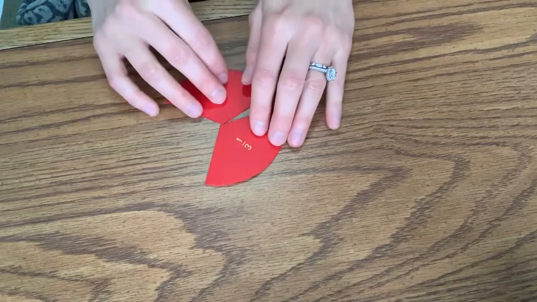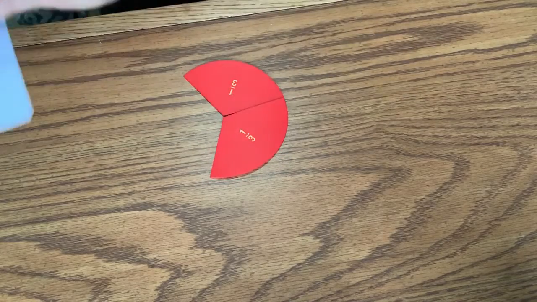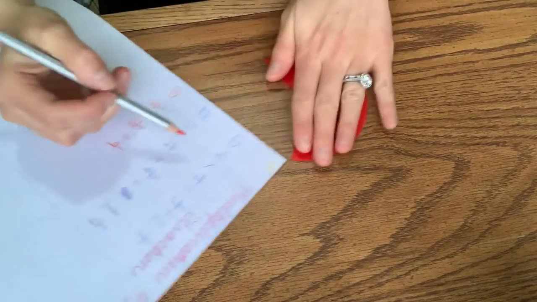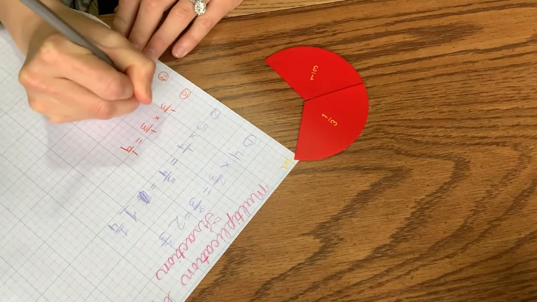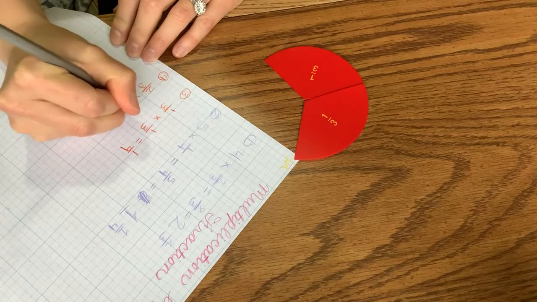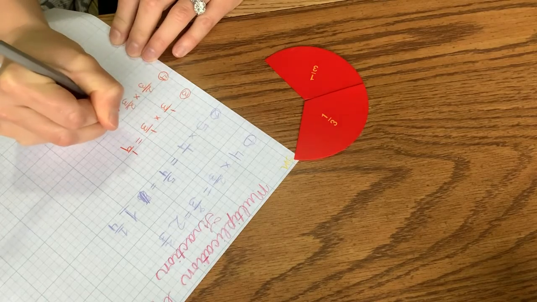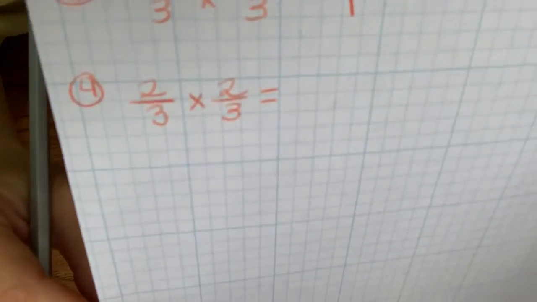Okay, let's do 2/3 times 2/3. Let's stay in the thirds family. So I'm going to keep 2/3 out. I'm going to write my problem. Two-thirds times 2/3.